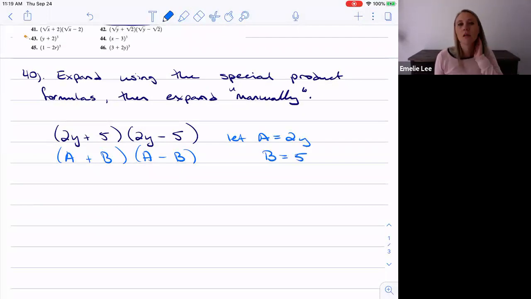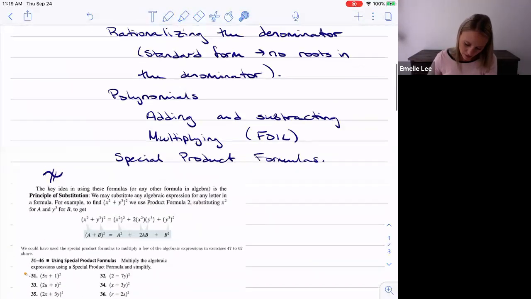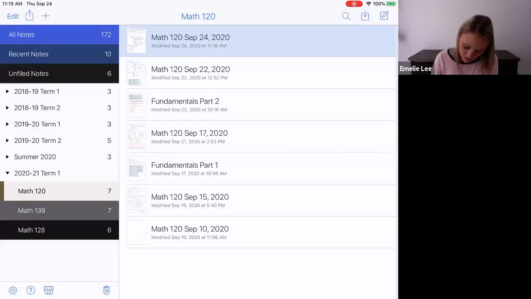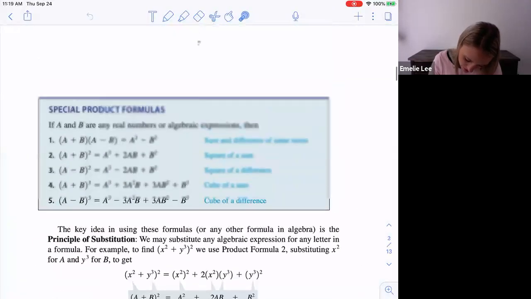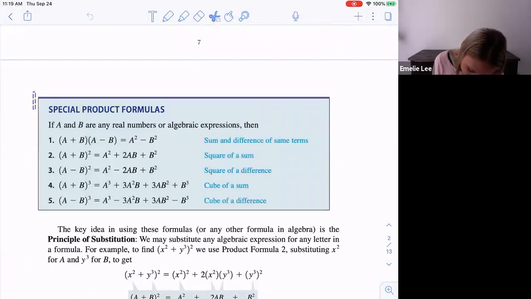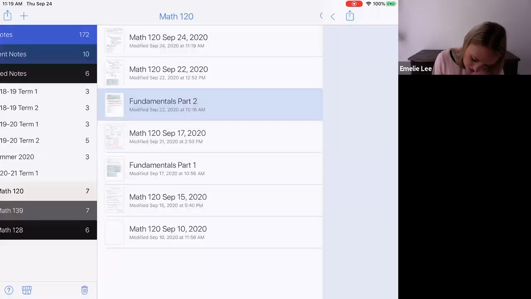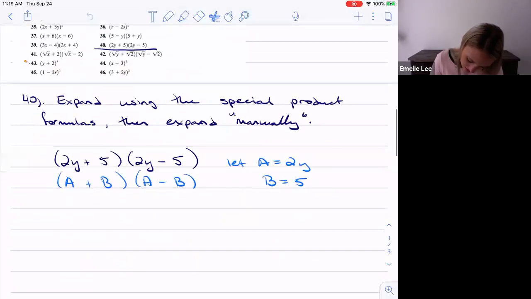Okay. So now if I look at a plus b times a minus b, then if I scroll back, if I steal my special product formulas, and in fact, I'm only going to steal the part I need, save us some space here.